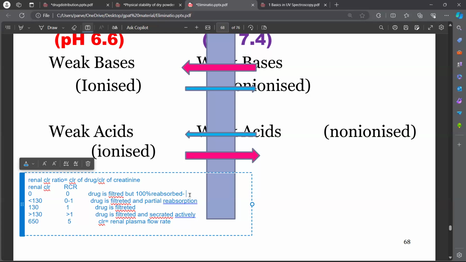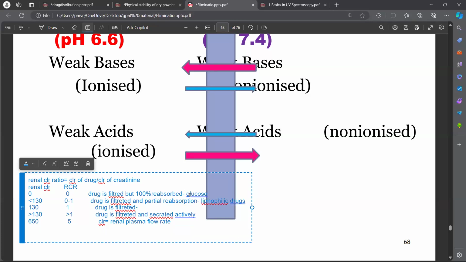It is glucose. And partial reabsorption comes with the lipophilic drugs. What would be the third, the drugs which are only filtered? Inulin. Great. Inulin and creatinine.